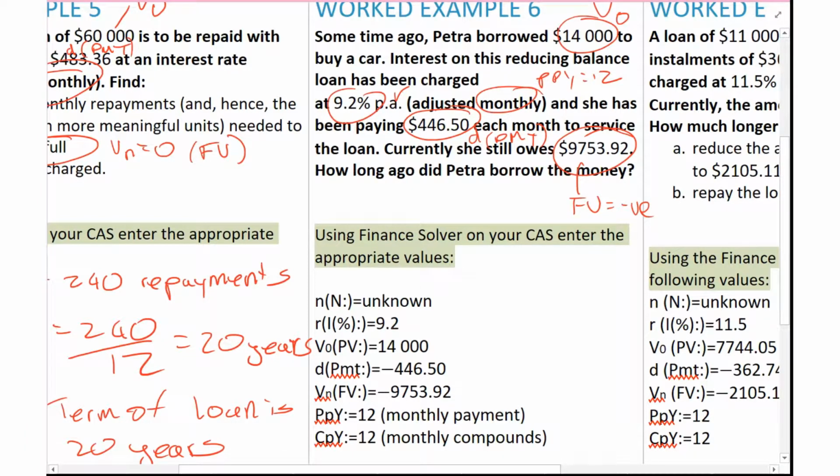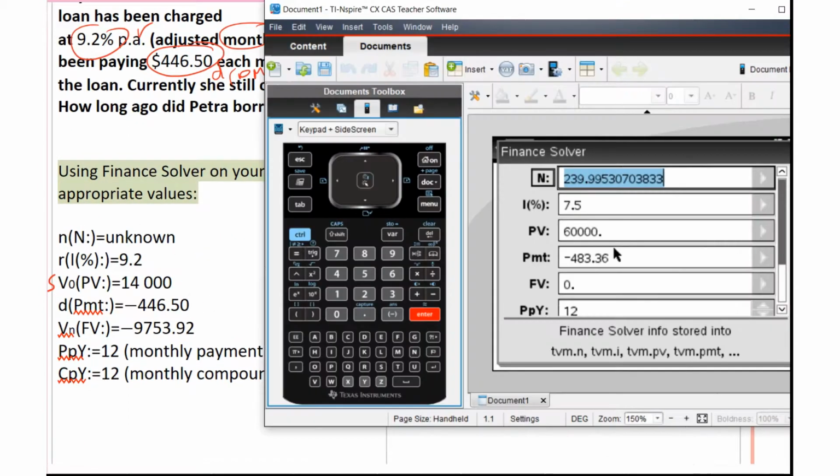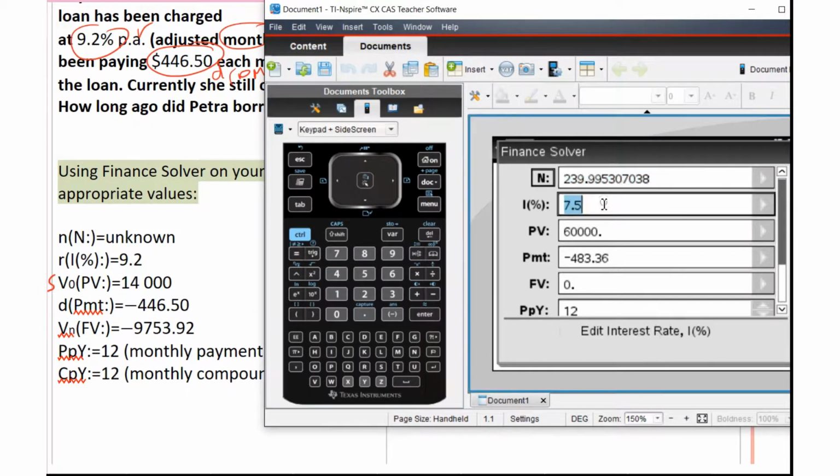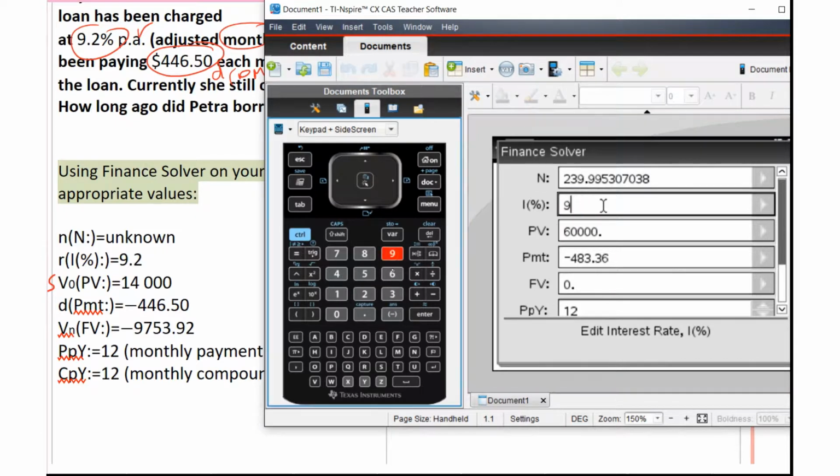Our I is 9.2. Our V0 is 14,000. Our payments are negative 446.50. Our final value is still owes, so it's going to be a negative number, negative 9753.92, and PPY is 12. So let's move that across so I can read it off. So this is 9.2, 14,000.